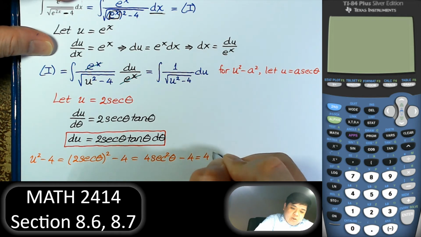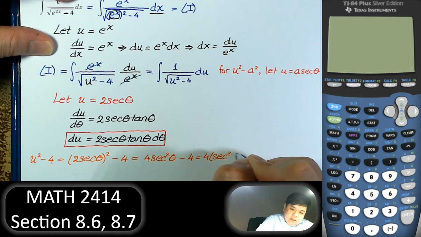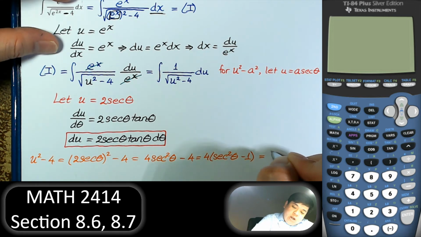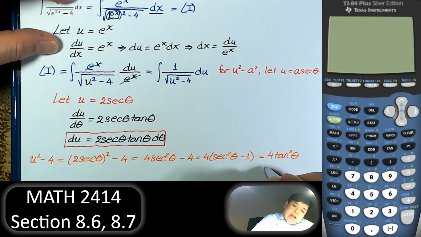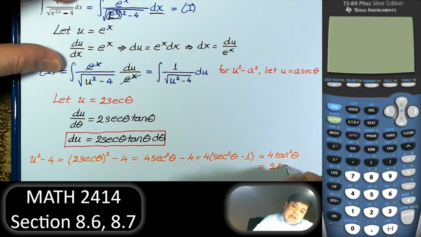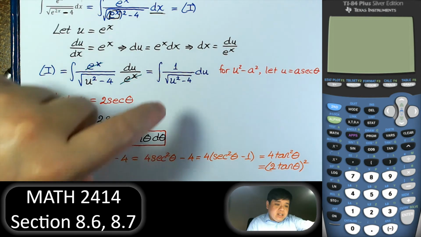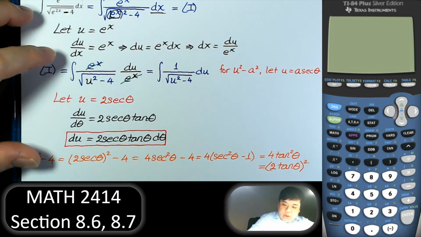Factor out the 4. Secant squared minus 1 is tangent squared, so we have 4 tangent squared. And that we can write as 2 tangent theta, squared. Right. Now substitute that under the square root.